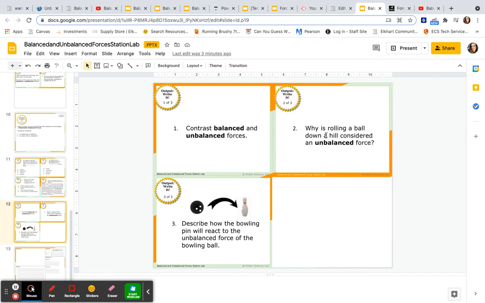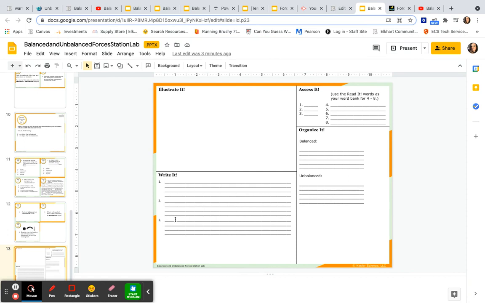Why is rolling a ball down a hill considered an unbalanced force? Describe how the bowling pin will react to the unbalanced force of the bowling ball. And then right here, you can write your answers in for slide 11. And that is all for today.